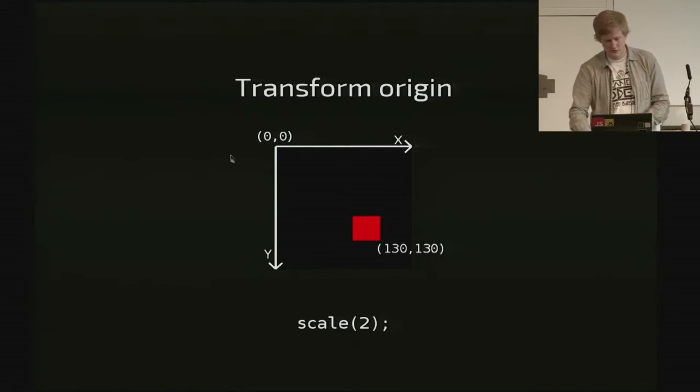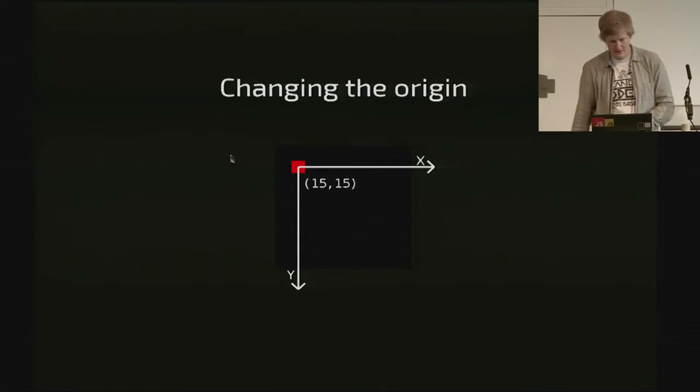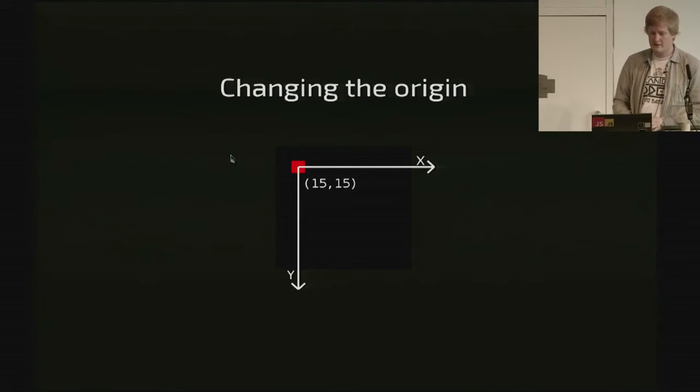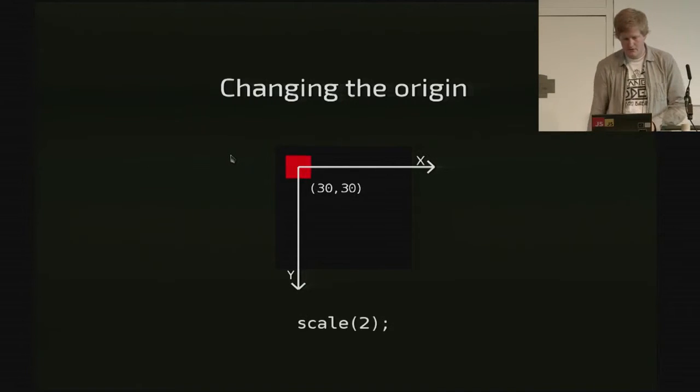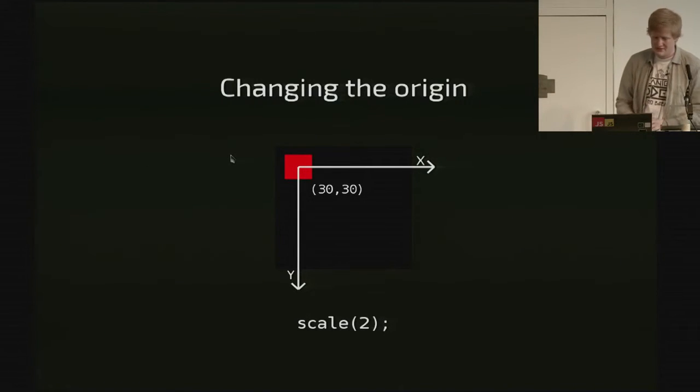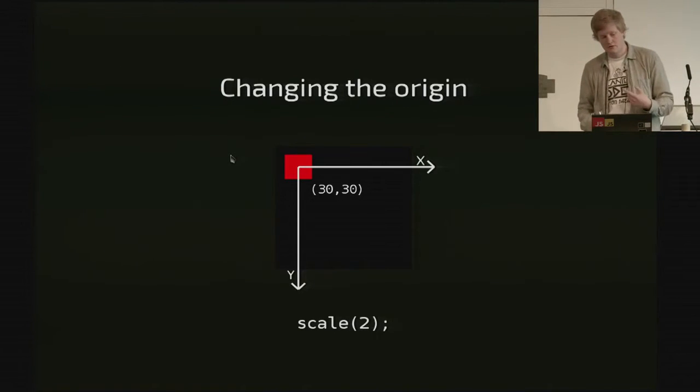And also the box increases in size. If we, for instance, would change the origin slightly, for instance, to the middle of the box, we get a different effect when applying the same transform. This effect is not entirely unexpected because we did actually change the coordinate of the lower right corner when we also changed the origin of the coordinate system.